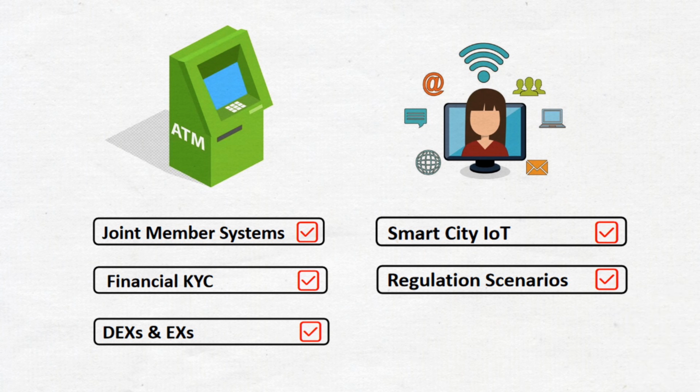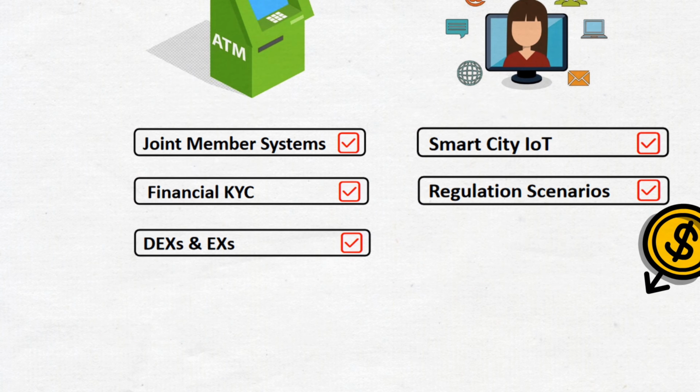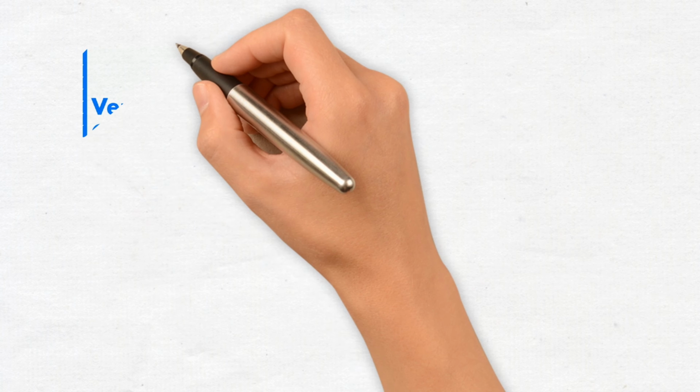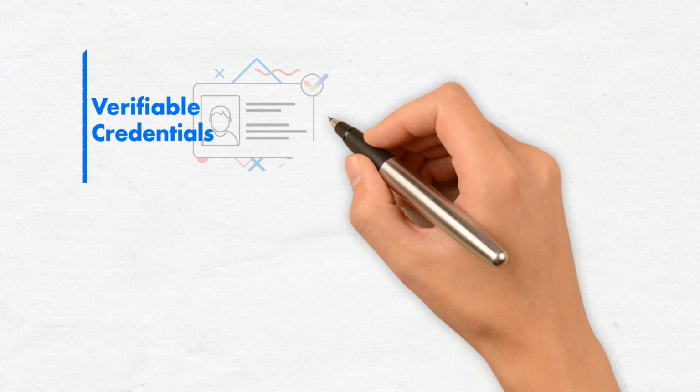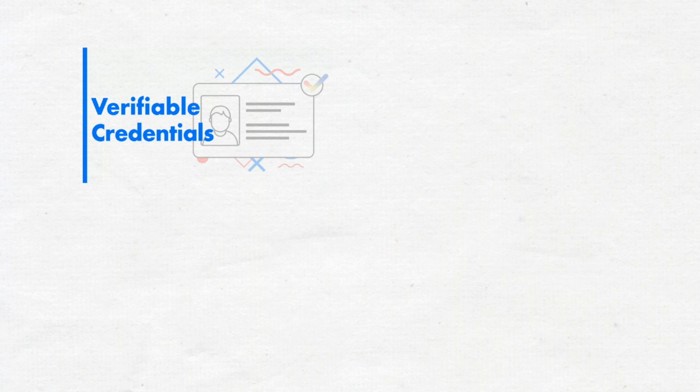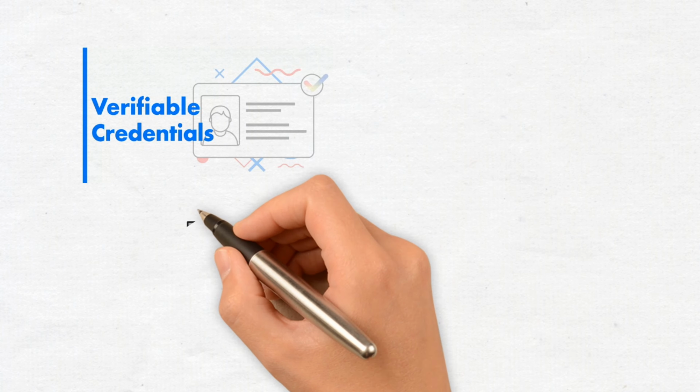Such scenarios usually require cumbersome documentation and electronic records to verify users' identity, which are proved to be expensive and time-consuming. However, with the generic DID-based system, the custody and use of VCs are completely under the control of users.